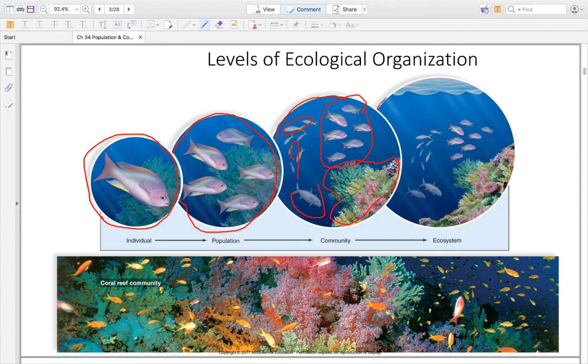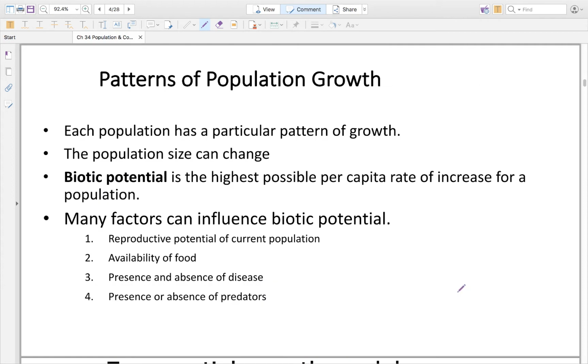Then ecosystem ecology is on a greater scale. They take into account non-living factors. This is just a closer look at the coral reef and the different coral that's there, along with the organisms that live within the coral reef.